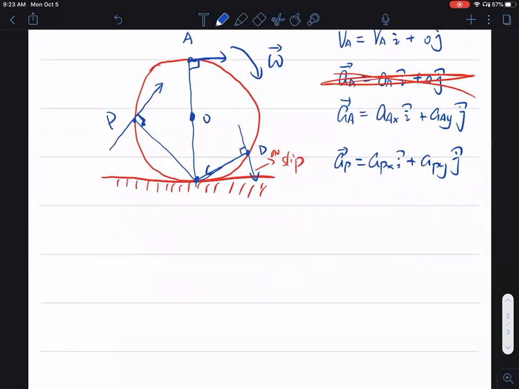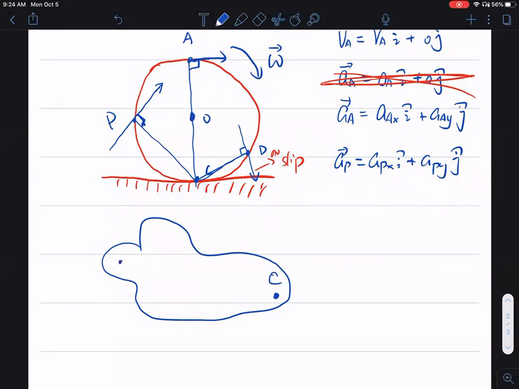Another thing is, instant center can exist for any rigid bodies. We use them a lot in the wheel, but if you see something weird, like this is a rigid body, if this rigid body is fixed, it's pinned at this point C, it can rotate about point C. That's also the instant center of that rigid body.